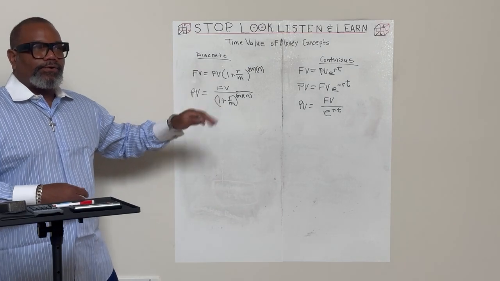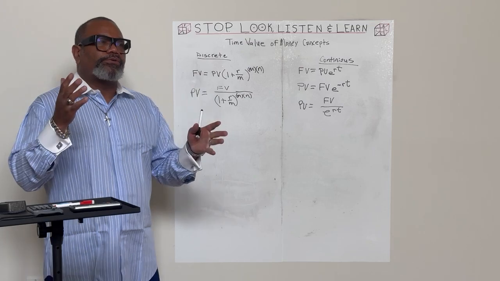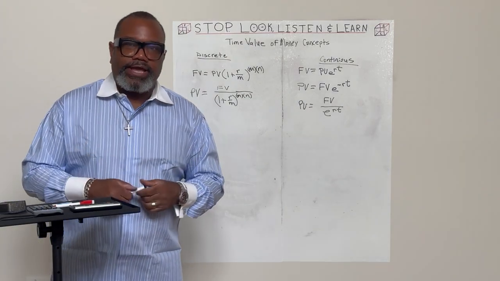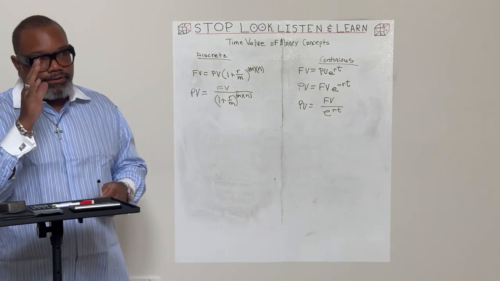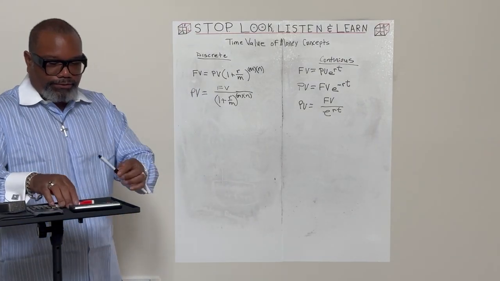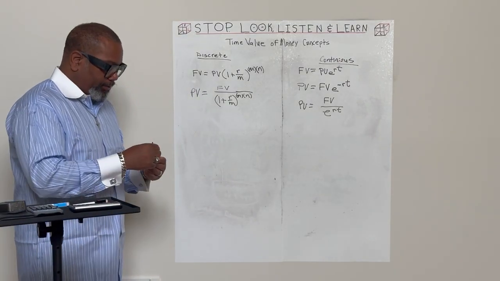And then the last thing I want to go over with you is how do you compute the effective annual rate when you have continuous compounding. So you definitely need to be able to do that. So let's go through that. I want to make certain that you can do that.